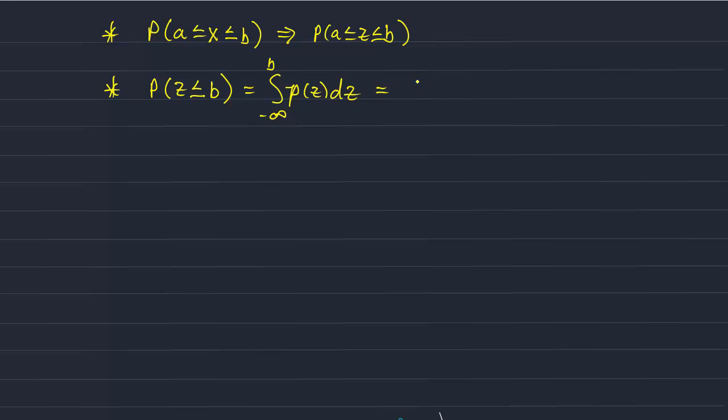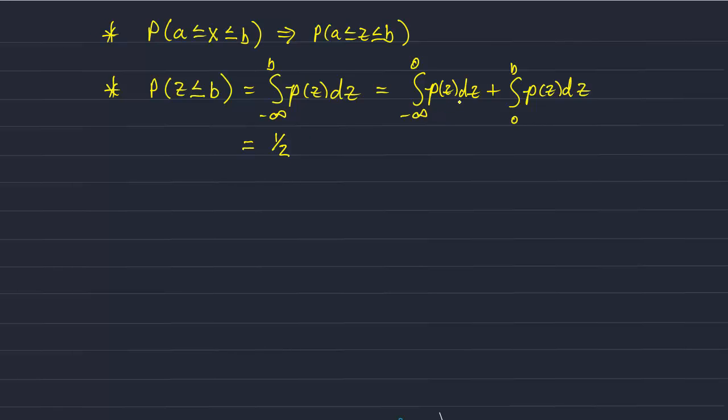And to get that, we get minus infinity to 0. I'm going to break it up into two parts: one before 0, one after 0. And that is equal to 1/2.